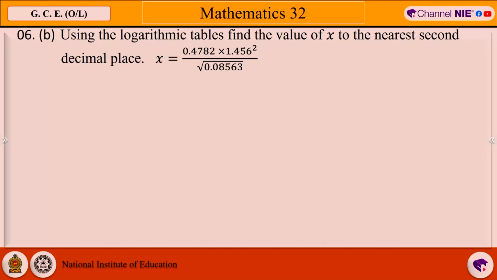Using the logarithmic tables, find the value of x to the nearest second decimal place. Here we have to apply the logarithm laws. If you apply logarithm laws, you will get this as log x equals log 0.4782 plus 2 times the logarithm 1.456 and minus half of log of 0.08563.